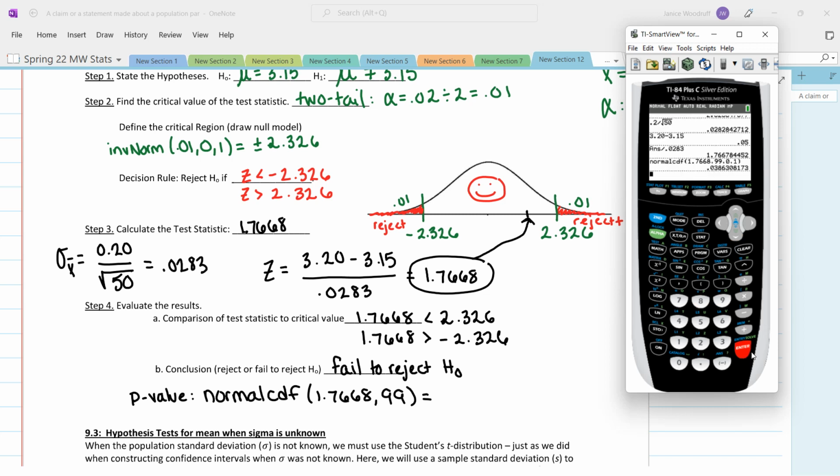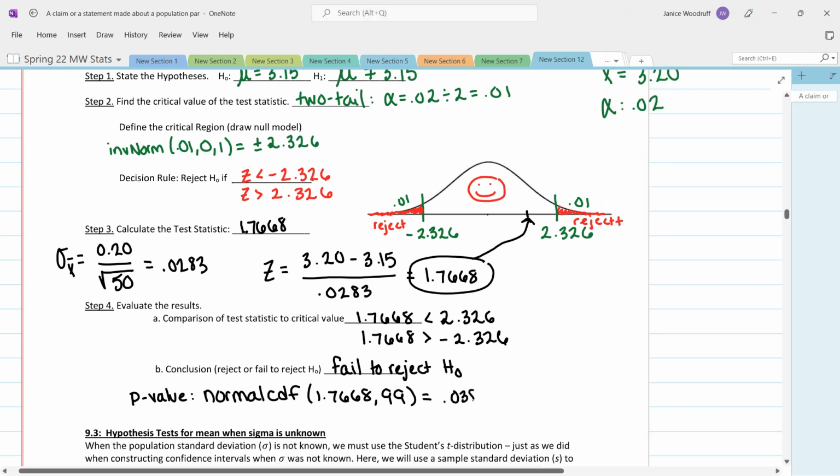And then that'll be 0.0386, or we could say 0.04. But that is going to be greater than your alpha, 0.02. So you fail to reject. Okay, so we will stop there for 9.2.